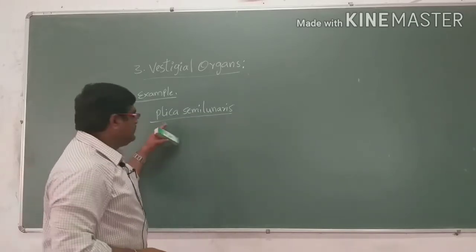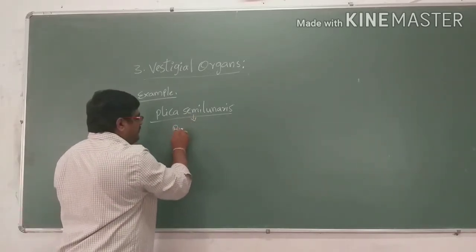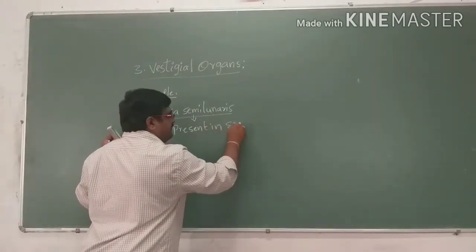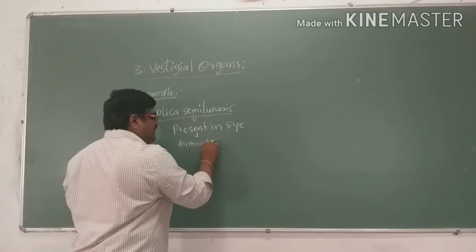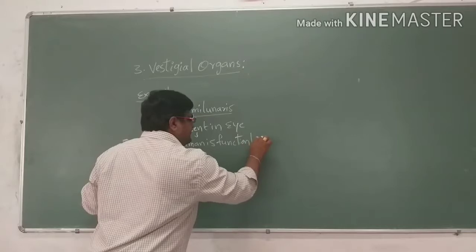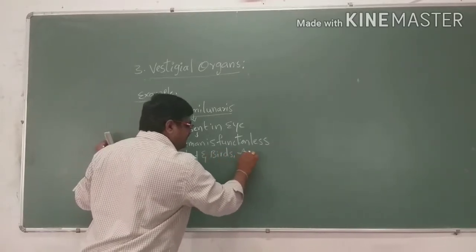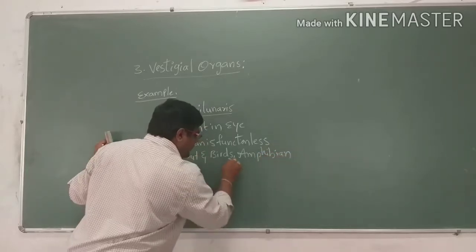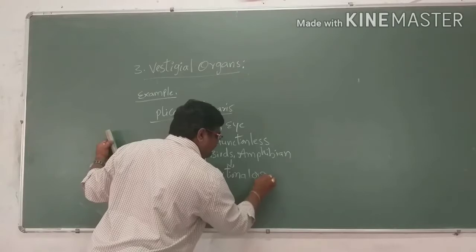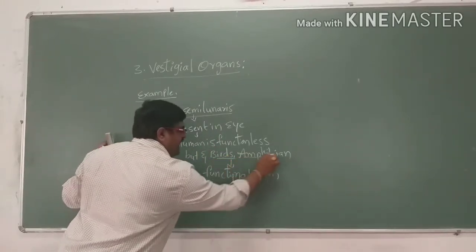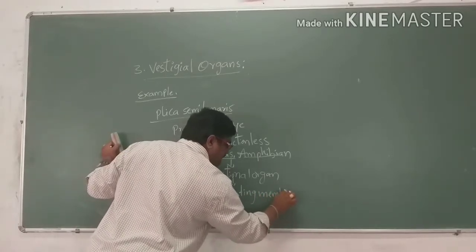It is present in the eye. In humans it is functionless, but in birds and amphibians it is a functional organ, where it is called the nictitating membrane.